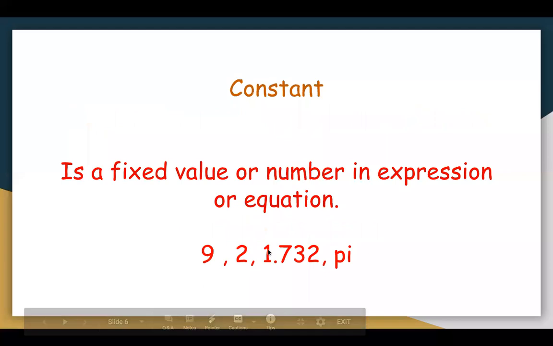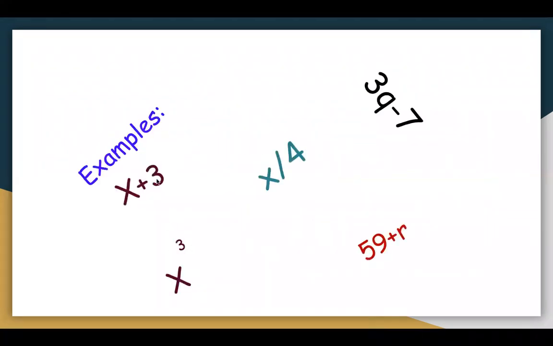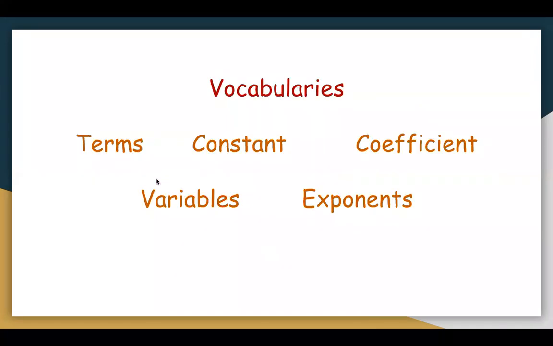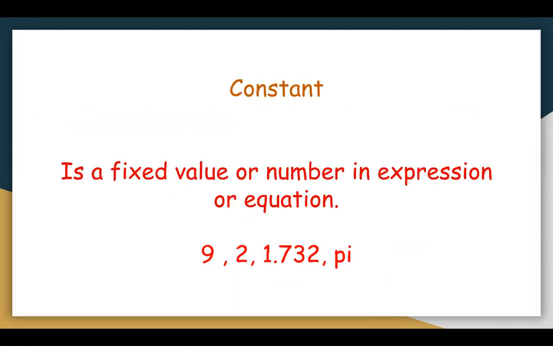Constant is a fixed value or number in an expression or equation. So you have seen a number in an expression or equation, like 3 here. That is a constant. What a constant is, is just a fixed value. If you say 3, the value is 3. It's nothing more than that. If you say 9, it's exactly 9.